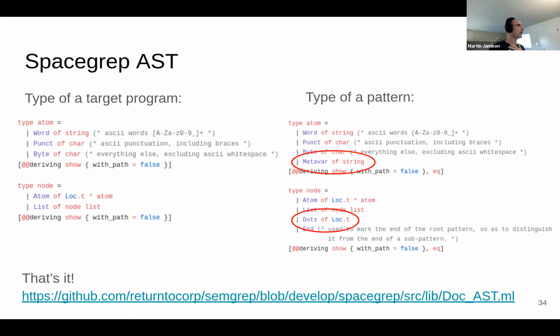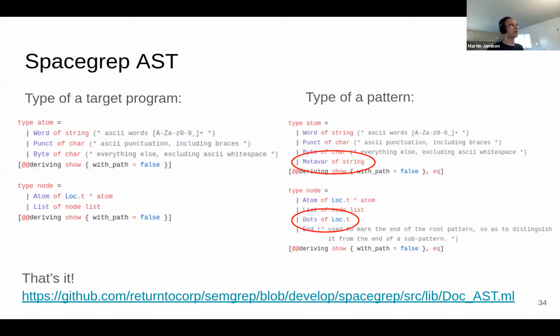and a node in our AST, well, AST or CST for Spacegrep, is a list of nodes or an atom, and this is all the definitions we have.